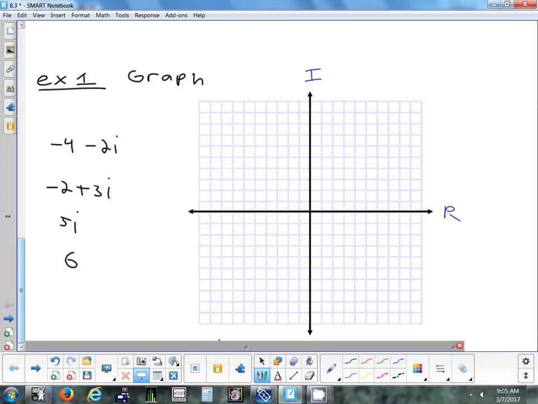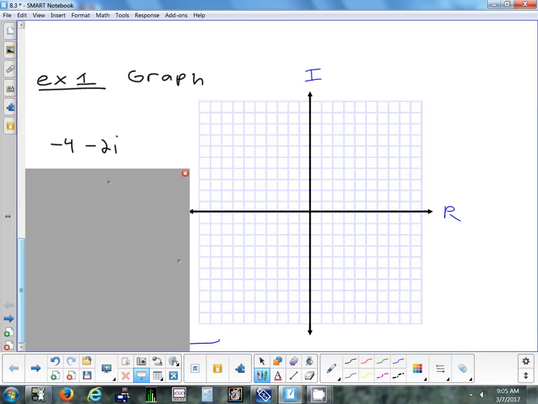And let's graph a few complex numbers. Anyone think they can tell me, starting from the origin, how I graph the point -4 minus 2i? Yeah? Go 4 to the left and 2 down. So there's the point -4 minus 2i.